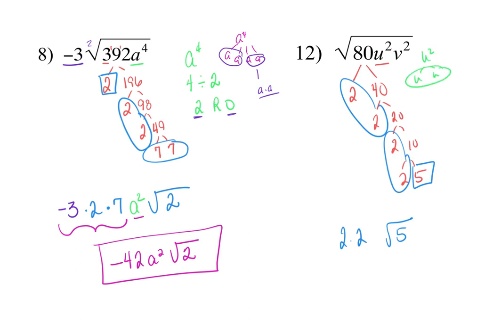So you have a u that comes out, none stay in. Or if you say, I'm going to take my exponent and divide by my index, that's 1 remainder of 0. You end up with u and v on the outside. Multiply: 4uv square root of 5.